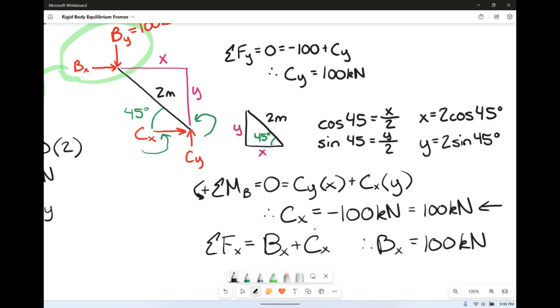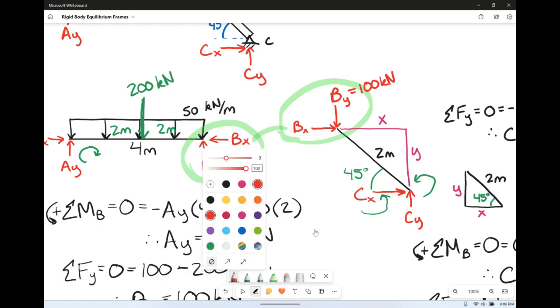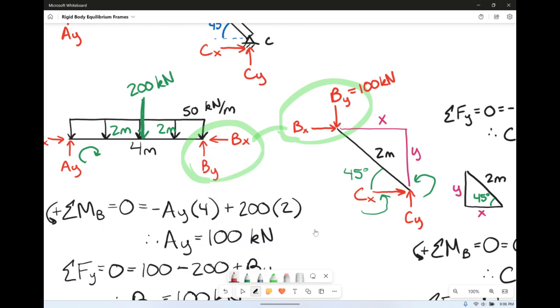He's positive, so he's going in the correct direction. So let's go ahead and take BX and put him the opposite way. Right, we found BY. BY we said was 100 kilonewtons, and we said BX was 100 kilonewtons, and he was going the correct assumed direction, so over here he's going the correct assumed direction.